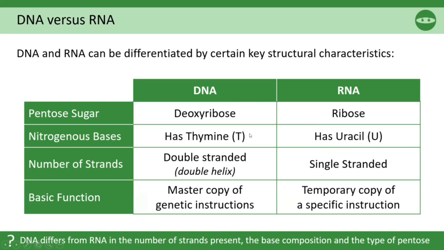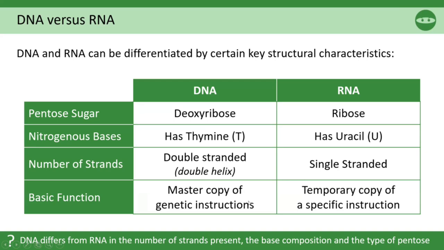For nitrogenous bases, we have thymine for DNA, which is present in DNA only, but not in RNA. For RNA, there is uracil, which is present in RNA only, but not in DNA. DNA is double-stranded and has the name double helix, while RNA is single-stranded. What is the basic function of DNA?